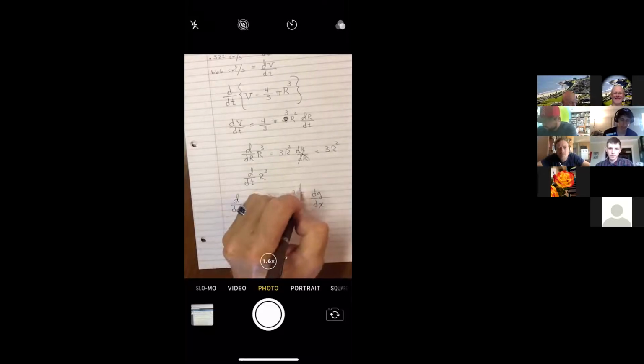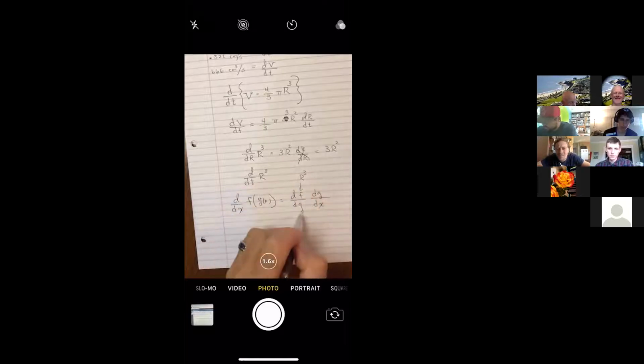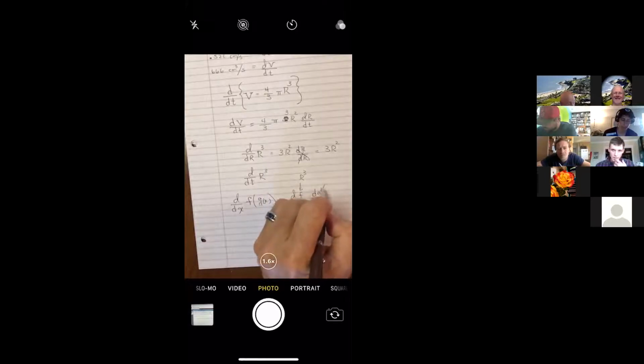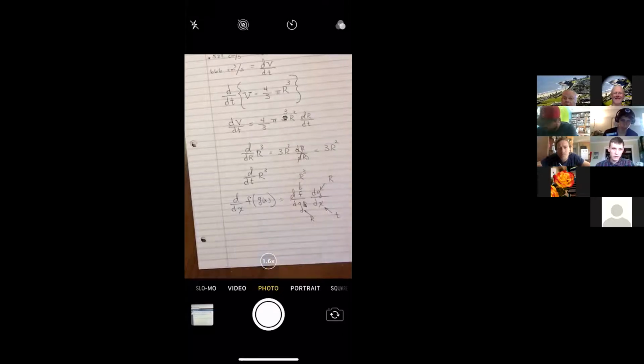So in my case, this f would be the r cubed, and I'm taking it with respect to r, and then I'm taking the derivative of r with respect to t. So that's how I would go from what you probably recognize from your math symbols to the symbols we're using in this problem.